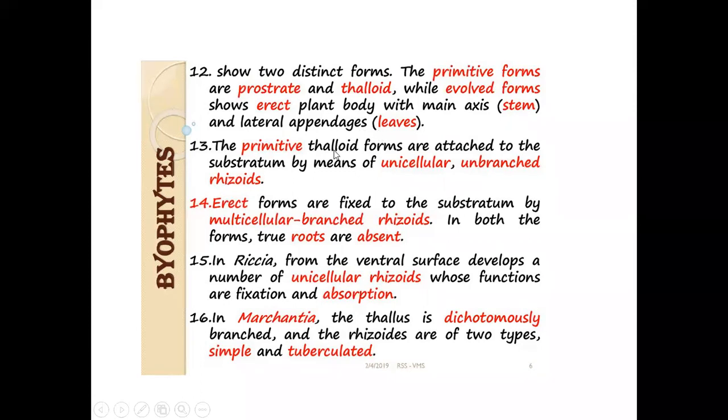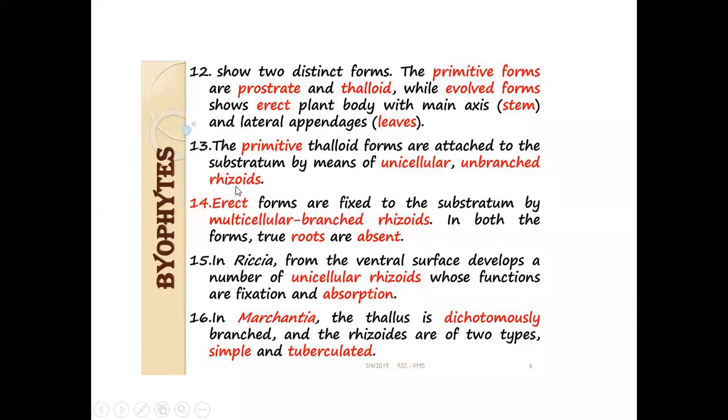Both in the primitive forms and in the erect advanced forms, we can see the presence of some root-like structures which are called rhizoids. That is, on the ventral side of the thallus, we can see fine hair-like structures, very very fine, branched or a tuft of unbranched hair-like structures.